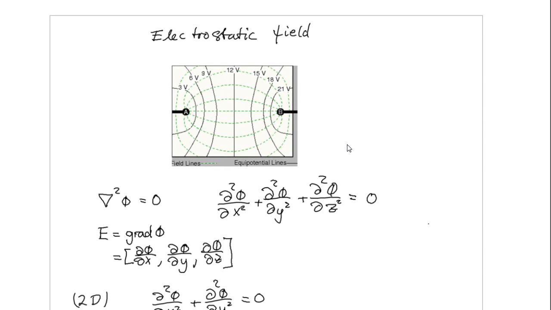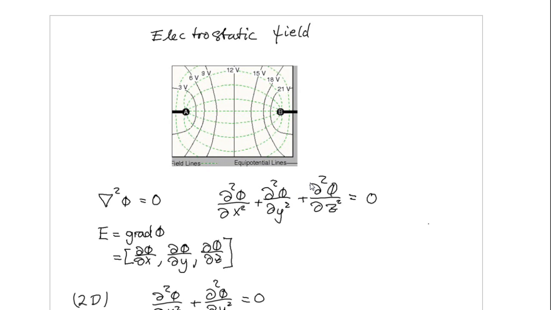Electrostatic fields are described by the Laplace equation. Generally, the Laplace equation takes this form, and we have this phi, which is the electric potential.